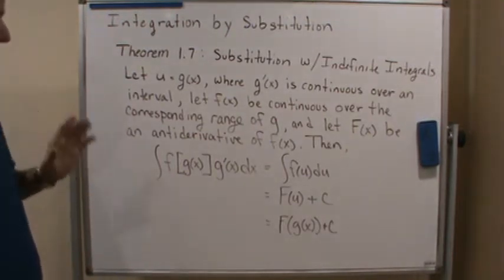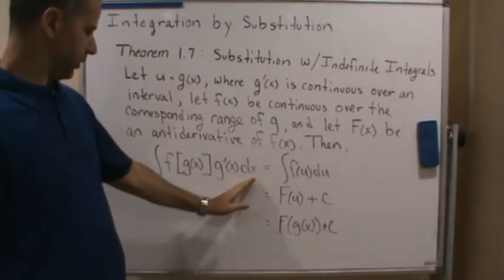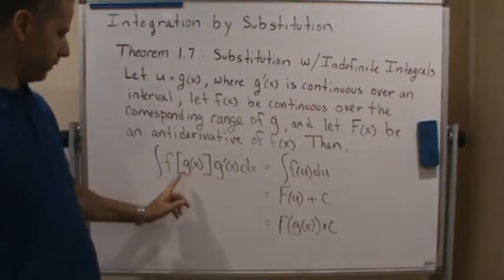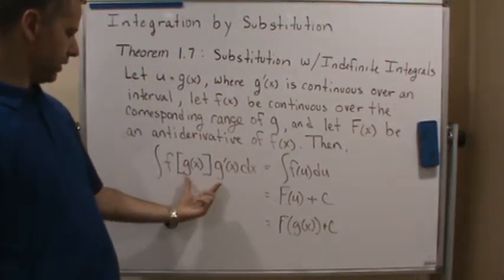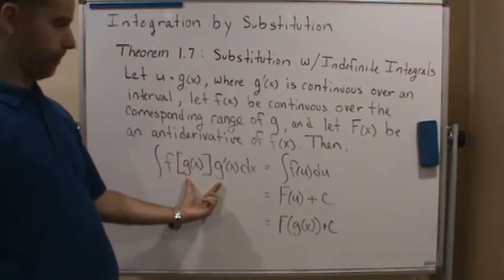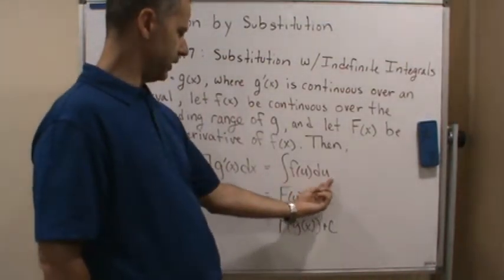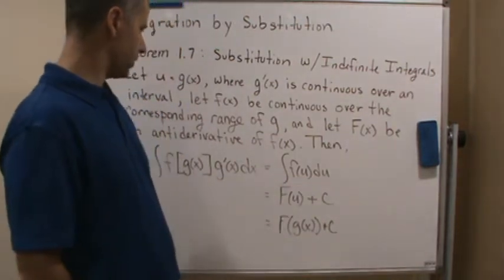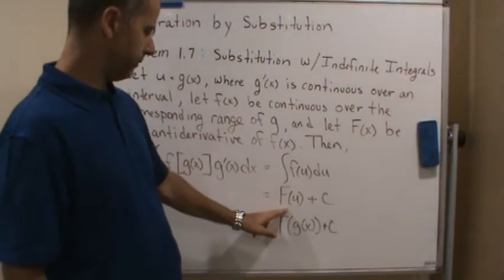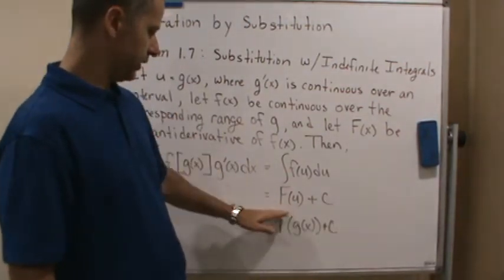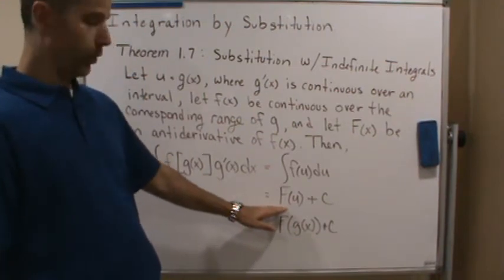Then this is true. The integral of this function, notice it's the chain rule, right? The integral of this function, which is the derivative of the chain rule, is equal to the integral of f of u du, if we do u substitution, which is equal to capital F of u plus c, again using what we know about indefinite integrals.